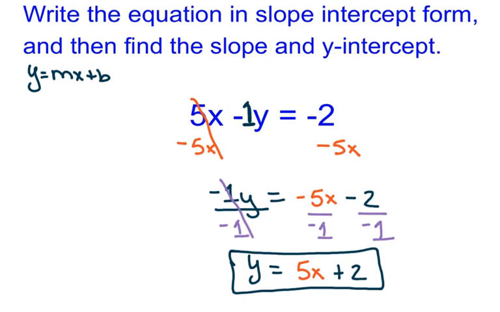I want you to notice something. So if I were to write this formula for slope-intercept form, and if I were to rewrite it using the letters here, meaning I'm going to put y by itself.